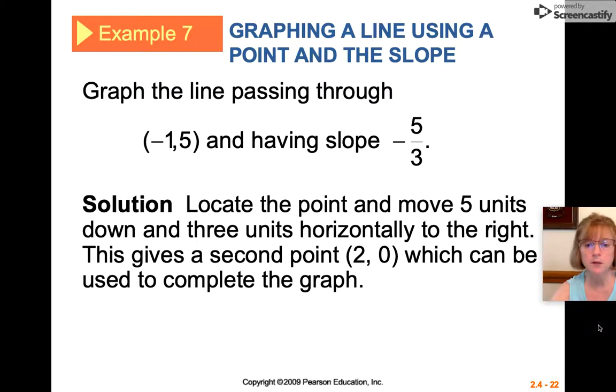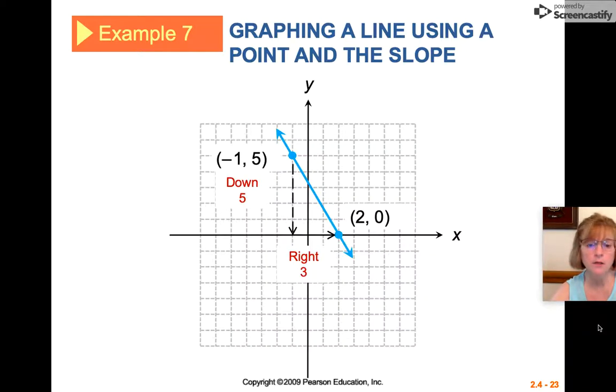Now notice that slope, that negative, I can read that as down 5, negative 5, to the right 3, or I could read it as up 5 and to the left 3. That negative only goes on one of those numbers. Typically, it's the top one. So we start at negative 1, 5, and we count down 5. We count to the right 3, and there's our second point. Connect the dots, and there you have it.